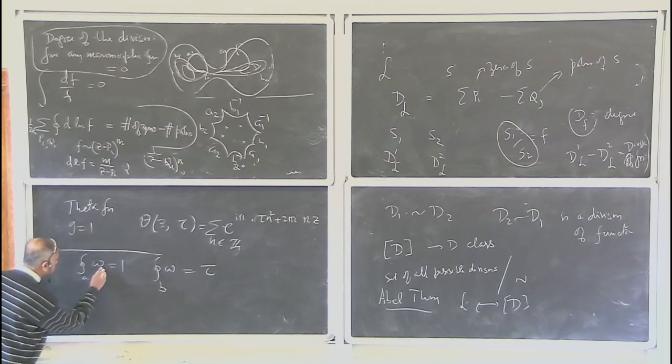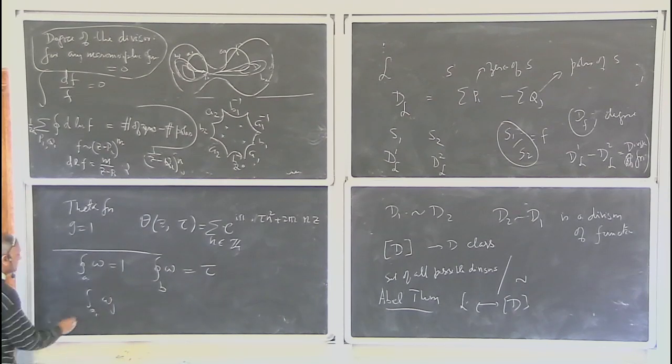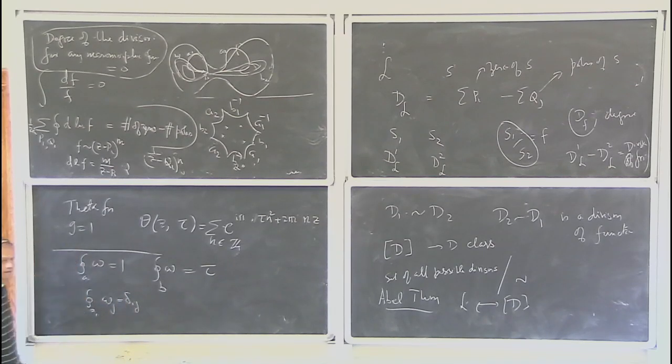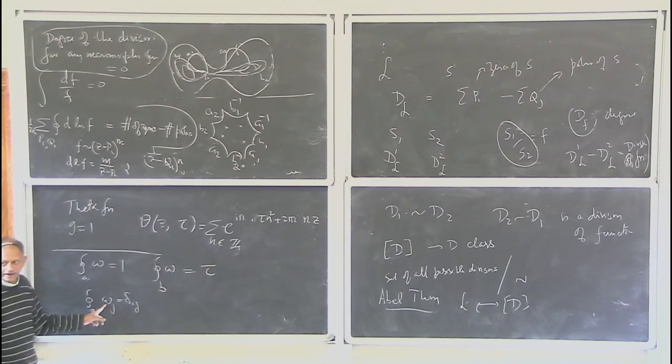We have several of them, omega j. The integral over the A_i cycle, we can always normalize to delta ij, right? If it's not 0, you can just redefine your omegas to normalize it. But once I have done that normalization, I have no more freedom left.